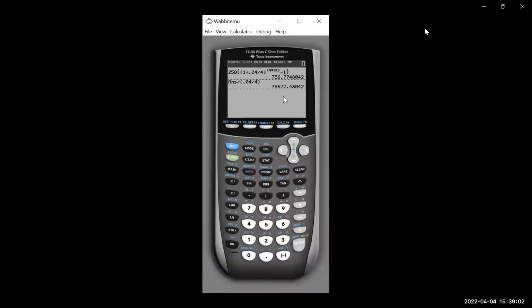What do we do after that, if we get the first answer? You're going to divide, right? Divide by the denominator. Parentheses, 0.04 divided by 4, close parentheses.